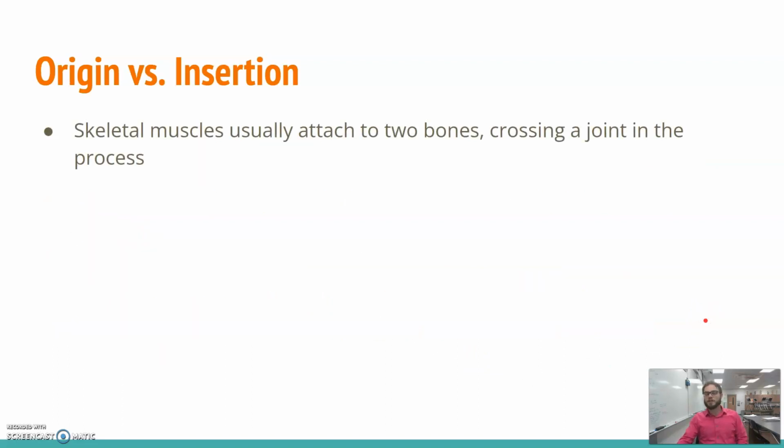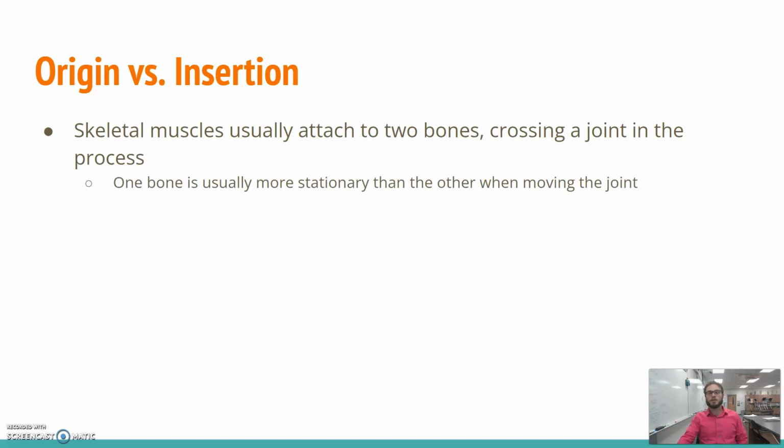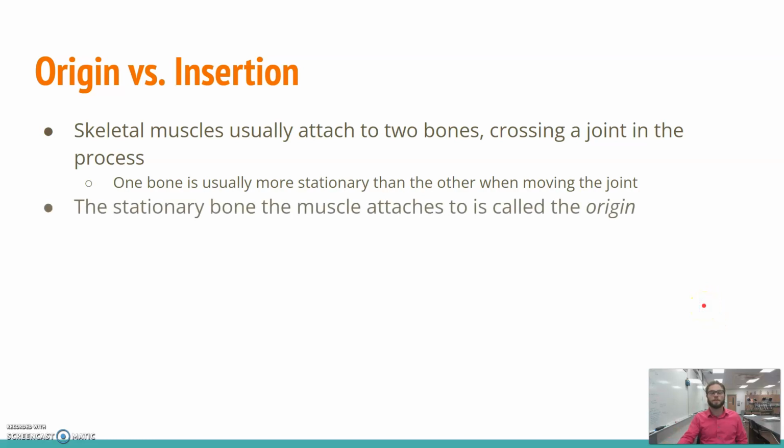So origin and insertion, what are those? Skeletal muscles are generally going to attach to at least two bones, with some joint in between. One bone usually is going to be a very stationary bone, while the other, especially with our skeletal muscles, is going to be the one that is moving quite a bit when that joint moves. The stationary bone is going to be the attachment known as the origin.